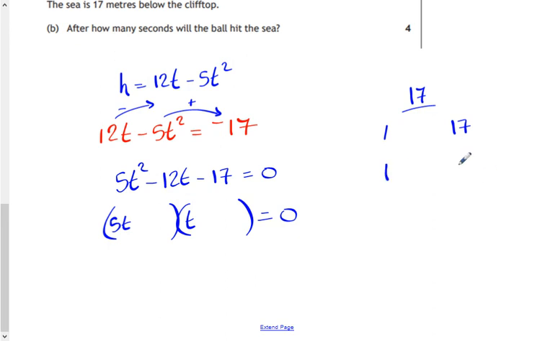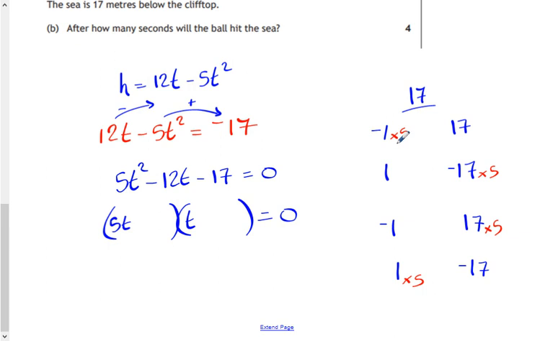So 1 and 17, 1 and 17. So what I'm doing here is I'm going to have the positive negative rearrangement, and times by 5. And what we want is the combination of these that gives us negative 12.